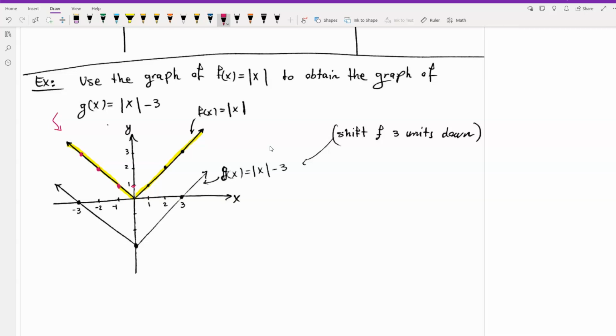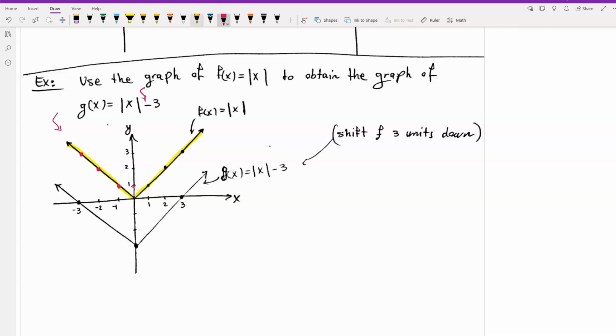Then connect these points to graph f of x equal to absolute value of x, and then it's asking for g of x. Here we have minus 3, so because of having this negative sign, we have to shift this graph 3 units vertically downward.